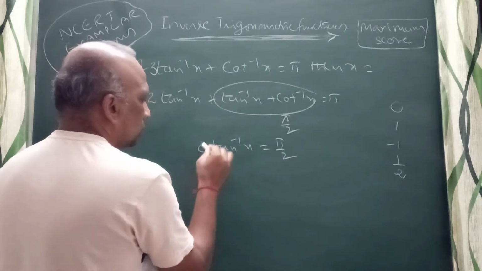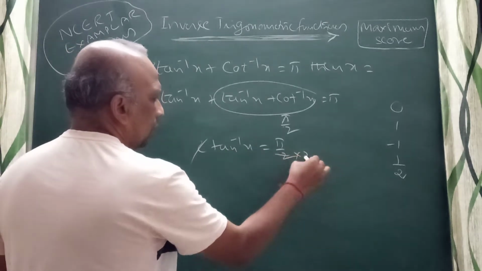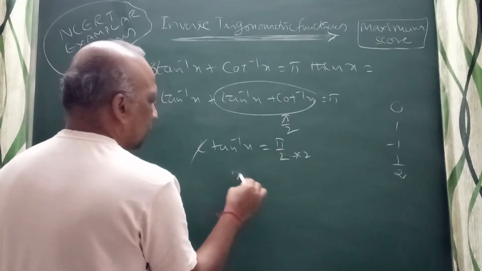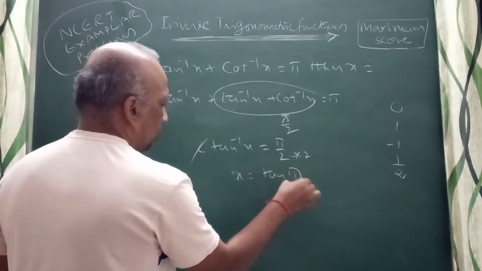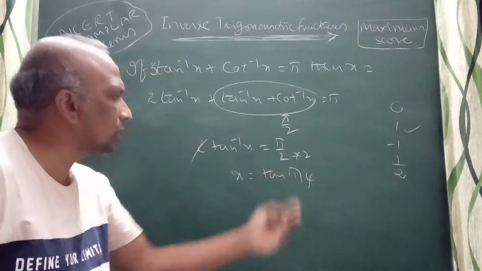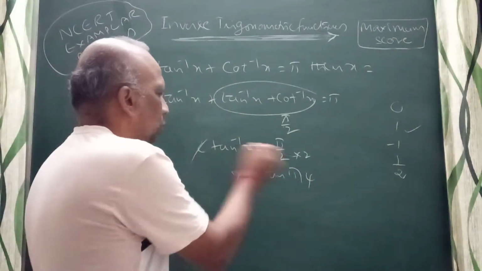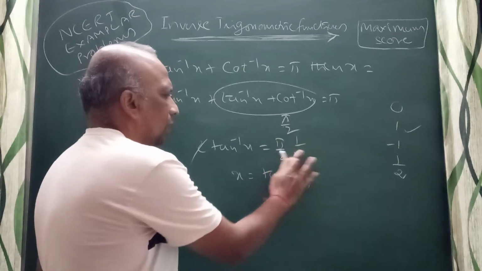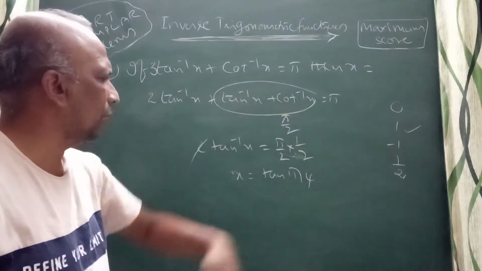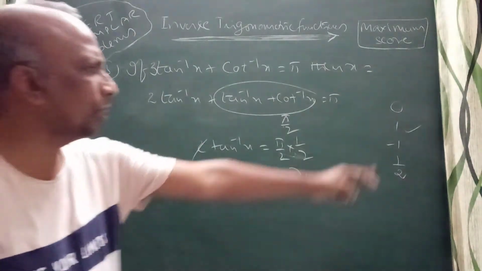Taking the 2 to the other side, x is equal to tan pi by 4, with a factor of 1 by 2. Tan 45 is 1, right? So x is equal to tan pi by 4, which is 1, your answer.